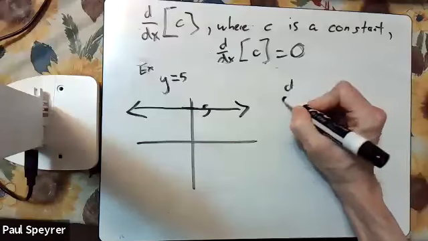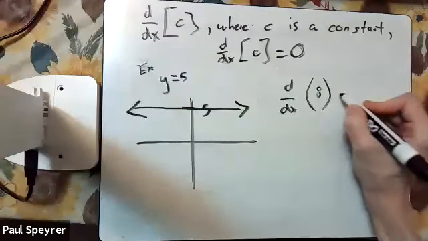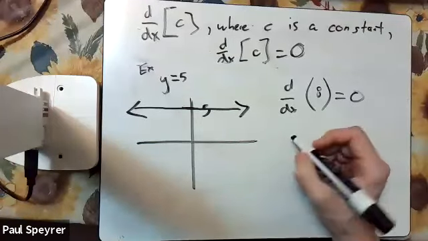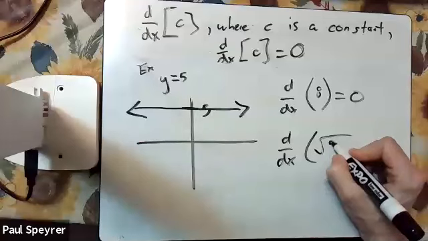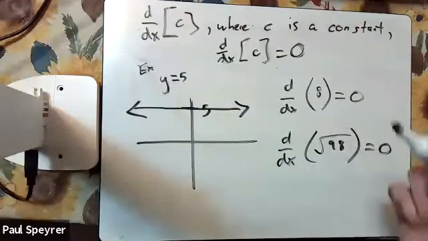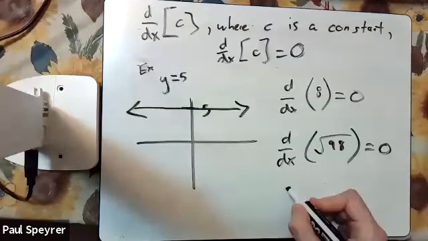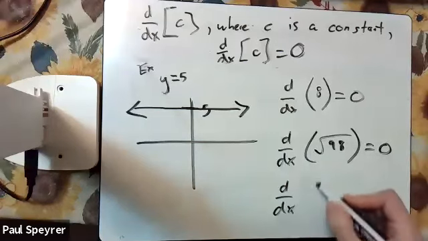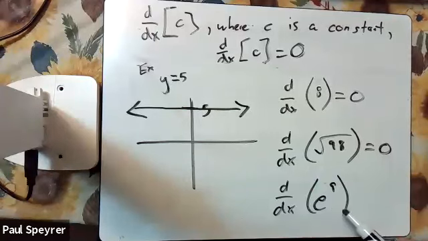So if I have d dx of 8, that's equal to zero. Doesn't matter. Or if I have d dx of the square root of 98, it's still zero. Why? Because it's just a constant. A constant is a number. Don't get tripped up and say, oh, there's other stuff in here. If I have d dx of e to the ninth power, remember, e is a number, right?